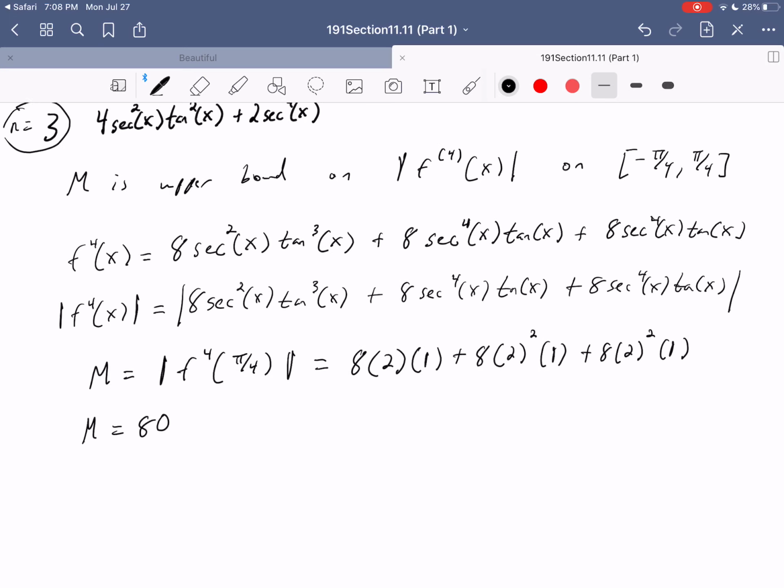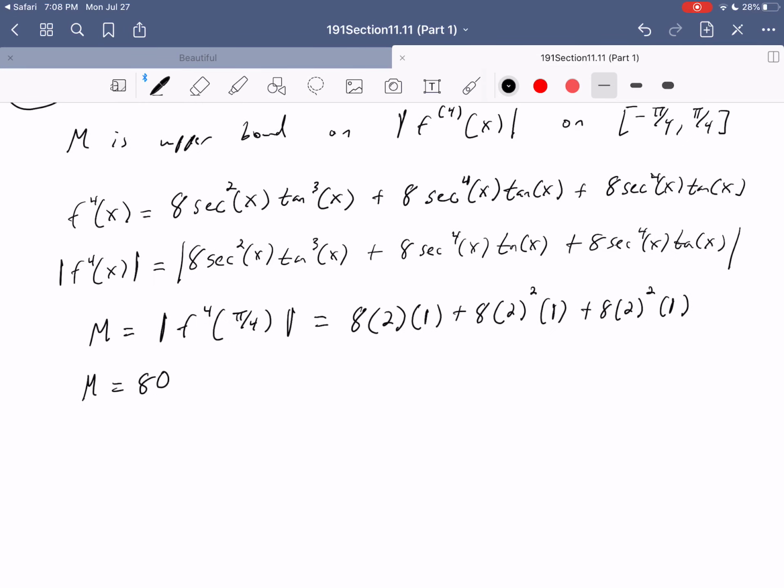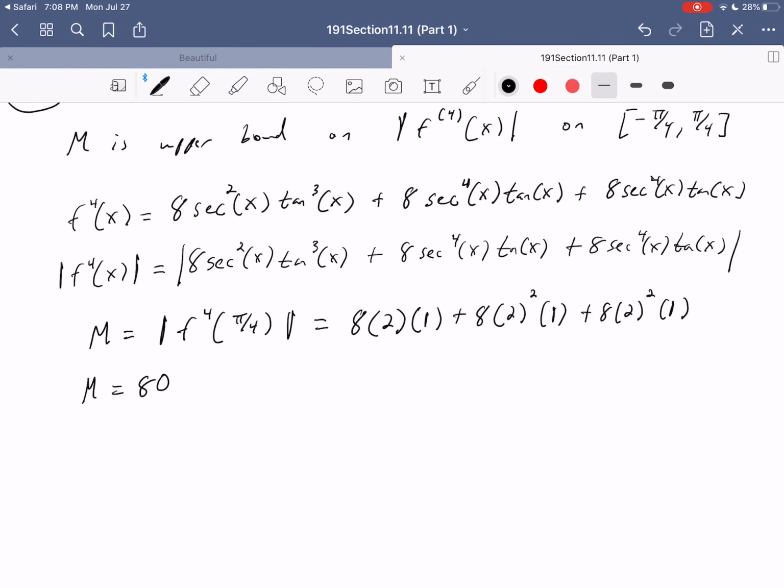All right, let's go ahead and then pop that in. So in terms of our actual error formula, R3 of x in absolute value should be less than or equal to that 80 over 4 factorial and then pi over 4 to the fourth. If we actually type that in and we see what we get there.